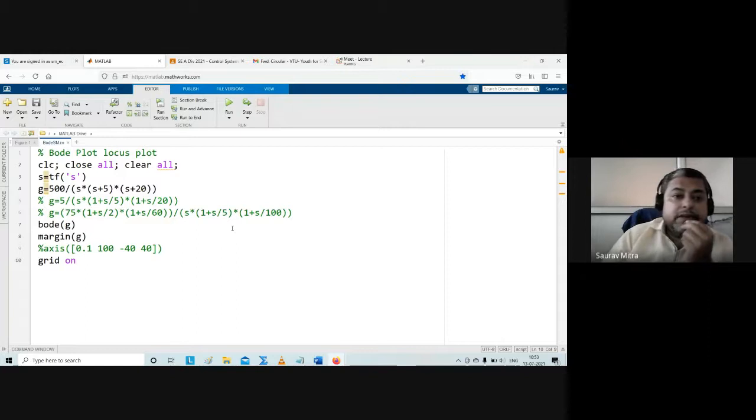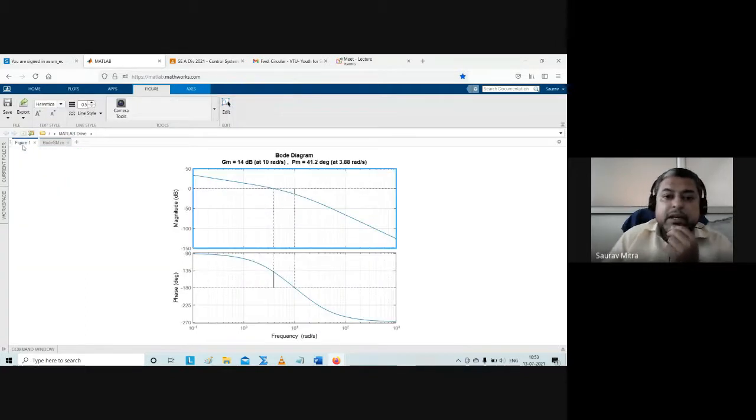Next, fourth thing, you have to generate the graph, and then say the Bode plot is executed, and from the graph we are finding that omega GC is equal to 3.88 radian per second. And phase at omega GC, this is point number 4, is equal to minus 138.8 degree.